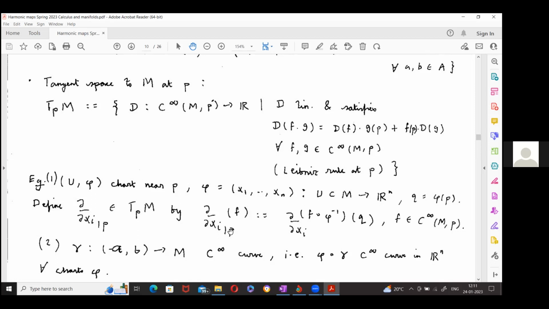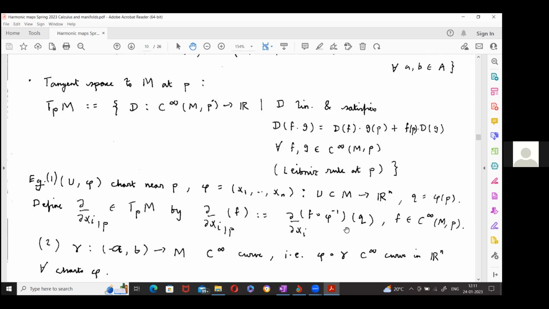So del/del xi at P acting on a germ of smooth function f is the following. f is a smooth function in a neighborhood of P, so I can look at f composed with phi inverse. That will be by definition a smooth function in a neighborhood of q in R^n.